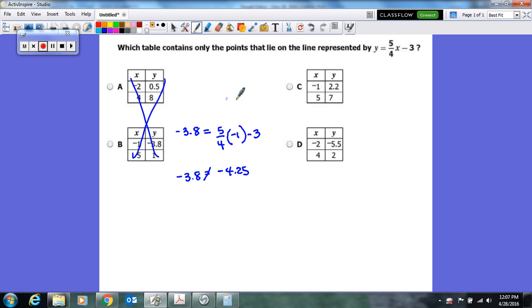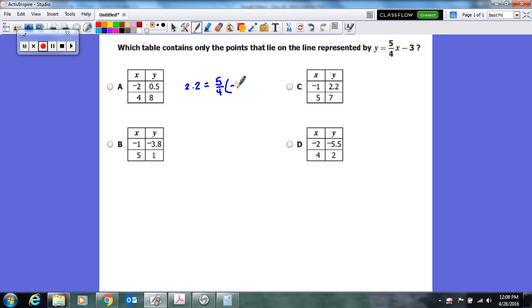Failures. Let's try table C and see how that one does. Clear what I have. So instead of plugging in a y, I'm going to plug in a 2.2, and instead of having an x, again, I'm going to plug in the -1, minus a 3.